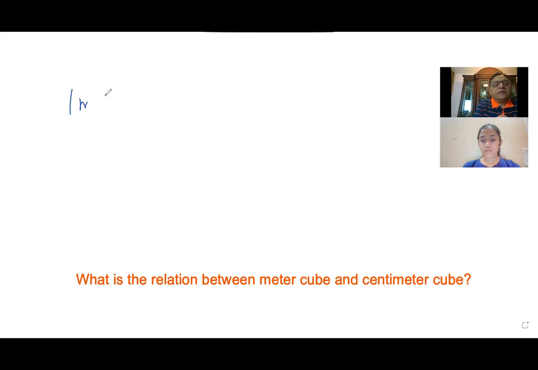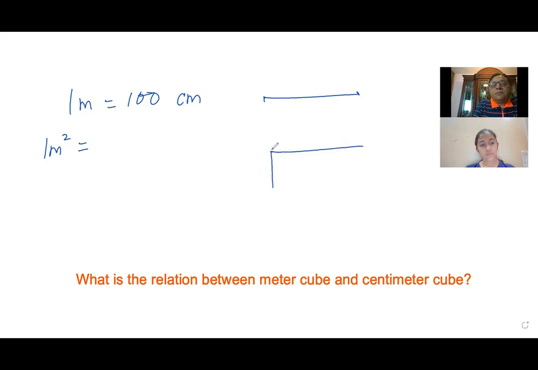1 meter is equal to how many centimeters? 100 centimeters. When I say 1 meter square, then how many centimeters square? 200 centimeter square? No. Meter square means I'm talking about a square like this, where each side is 1 meter.